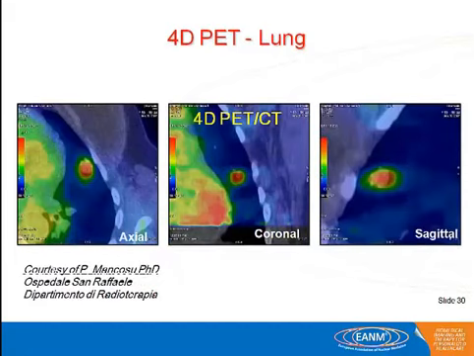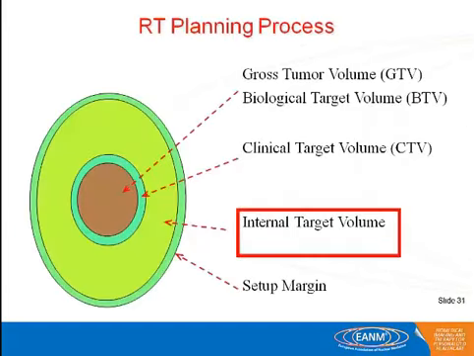Here is another example: you can see the difference between a standard PET-CT and a respiratory gating PET-CT in co-registration, going back to our images of the RT planning, where we work with respiratory gating in defining these margins. They really can change.